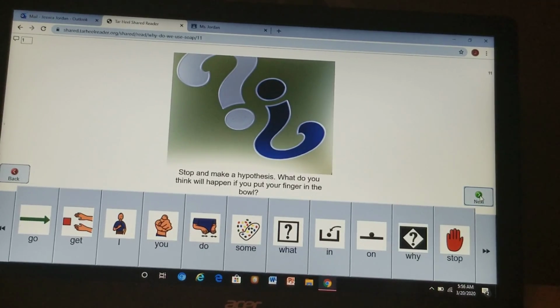I think that the pepper or the germs are going to stick to my finger and make it all dirty and gross if I stick my finger into that bowl. What do you think is going to happen?